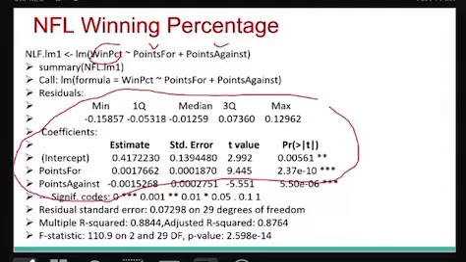I want to predict the winning percentage. What is the name of the football club in Minnesota? Vikings, right? Now I want to predict the winning percentage for the Vikings, and I have some useful explanatory variables like points for and points against, and I run the regression.